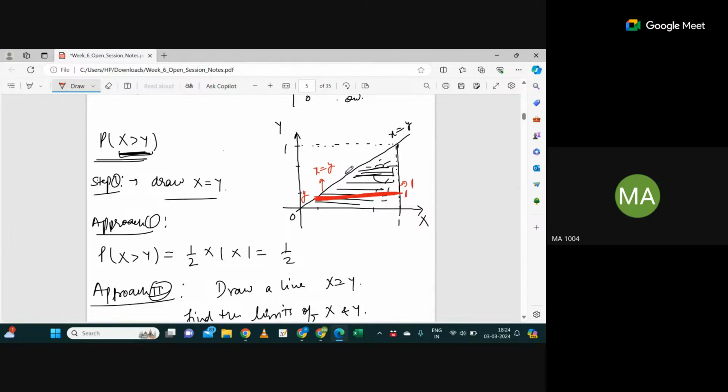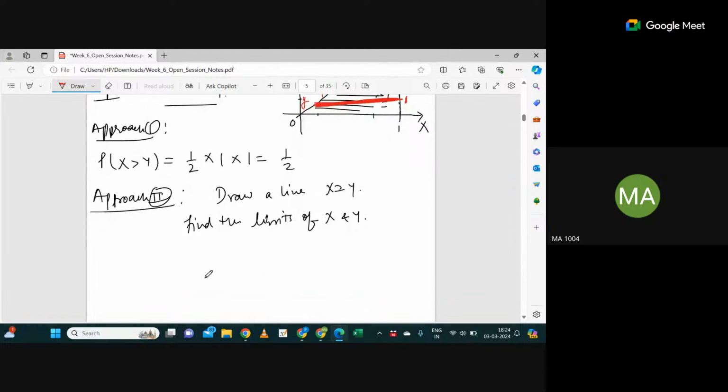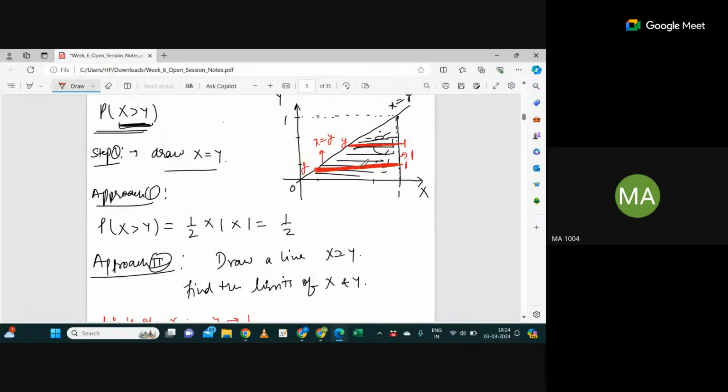If you draw this line anywhere, I will get the limit of x as y to 1, yes or no? Yes, sir. Okay. So the limit of x is y to 1, and since I'm doing the integration, the limit of y is 0 to 1, right?